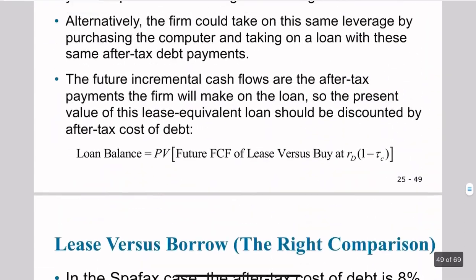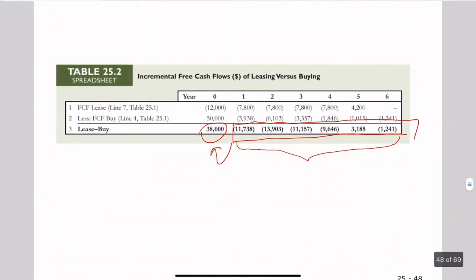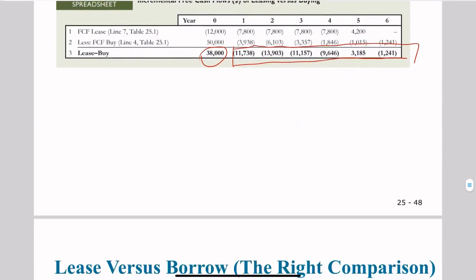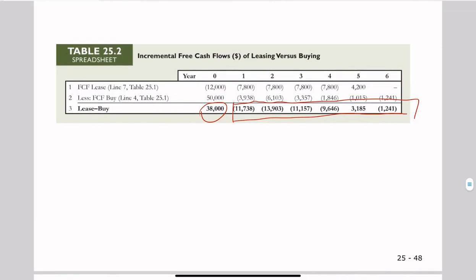The first method is we look at the incremental cash flows, and we will only discount these cash outflows. We will find out that this gives me a number of 39,622. In this case, it is larger than $38,000, so leasing is undesirable.